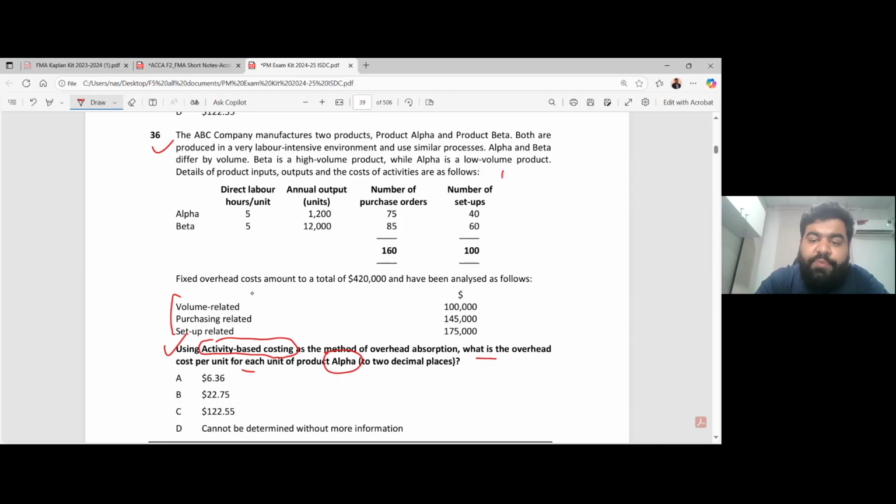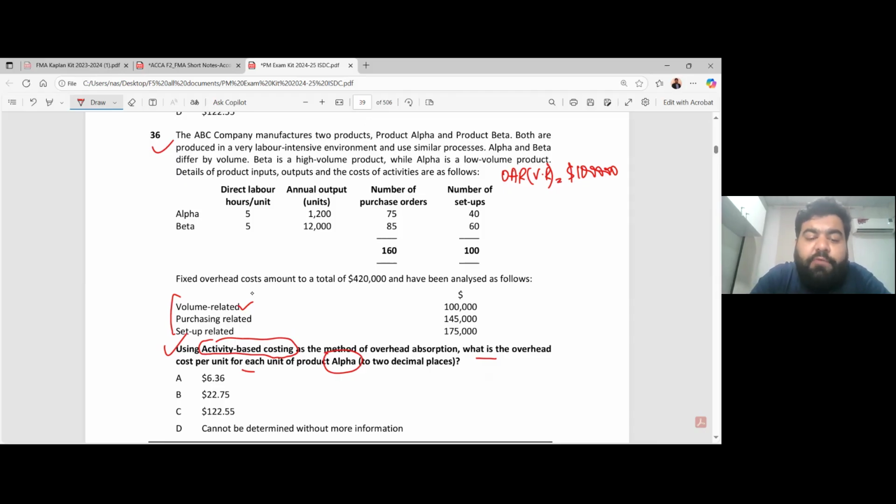Let us calculate. The first OAR will be volume related. VR means volume related. That is 100,000. Volume related overhead will be according to a base, which will be units or labor. And obviously in the last questions we have used labor as our base.